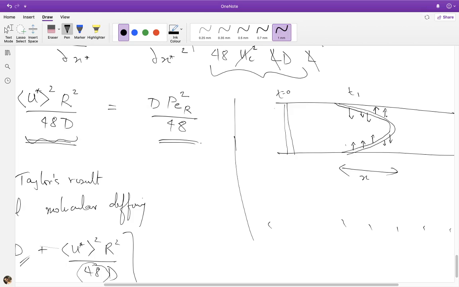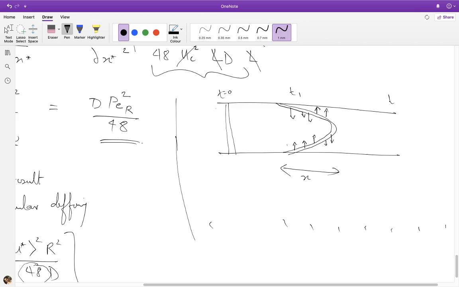So the effect of diffusion would be this: at t1 with strong diffusivity, the same slug would grow much less in this fashion. It would distort much less, and it would look like a thicker but less distorted profile.